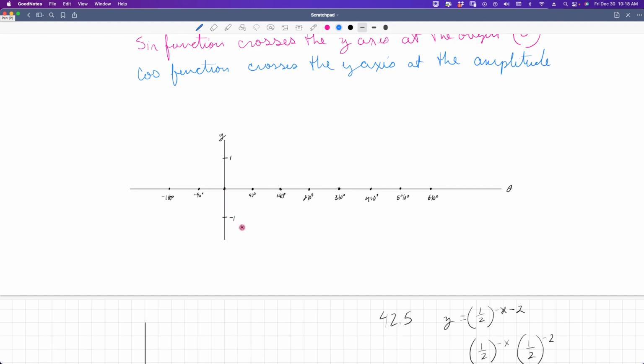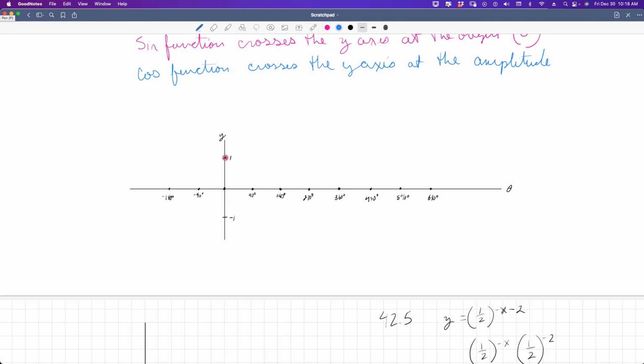So if it is a cosine function, it is going to either start here or here on the y-axis. That is where it's going to cross. Sine function crosses at the origin. Cosine function crosses at either the top amplitude or the bottom amplitude.